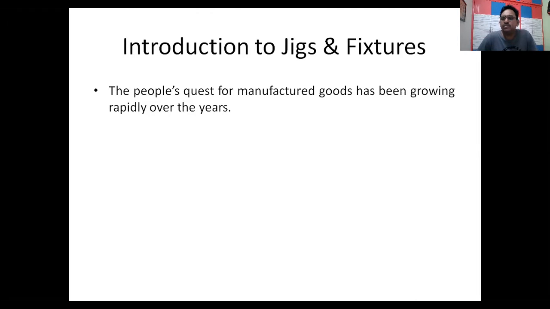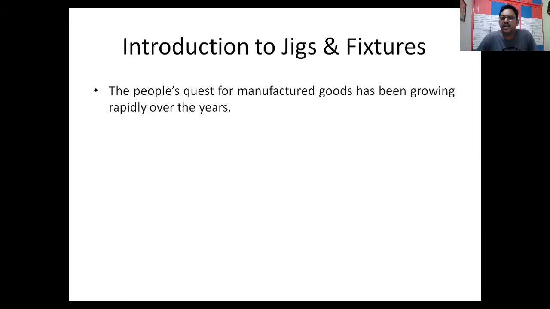But now the scenario has changed due to globalization and market economies. The consumption of goods has been rapidly increasing. Therefore, people are going for more comforts, so more goods. The manufacturing industry has to manufacture different types of goods with increased productivity.